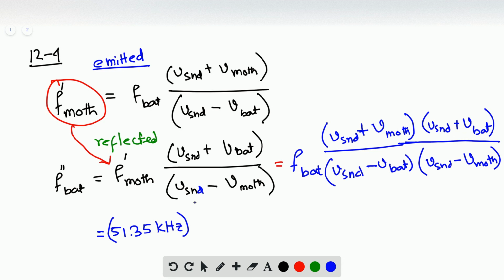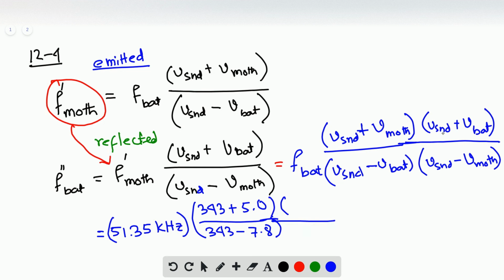Then we'll have 343, that's the speed of sound, velocity of the moth, speed of sound, velocity of the bat, and then we'll write this expression and put in the numbers. It's going to be this, divided by 343 minus 5.